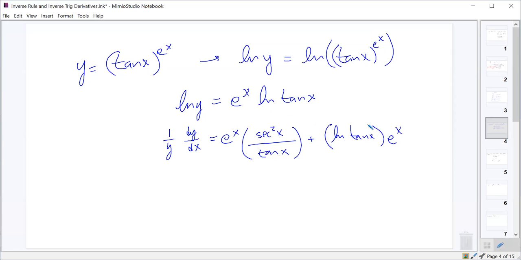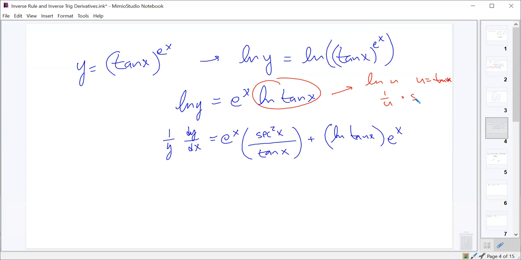So far good with that one or no? I'm just confused about the secant squared x. So natural log of tangent x, this is natural log of u with u equal to tangent. So the derivative is 1 over u times the derivative of u, tangent x.